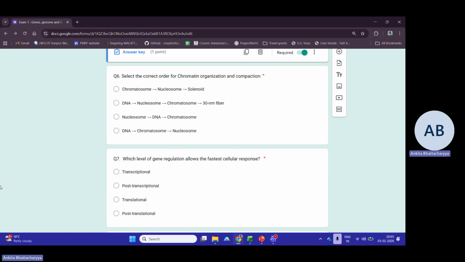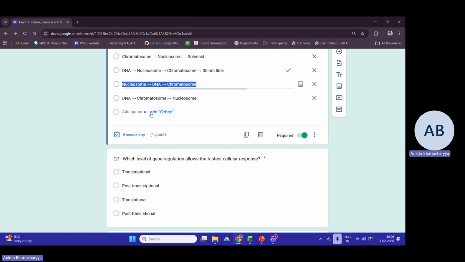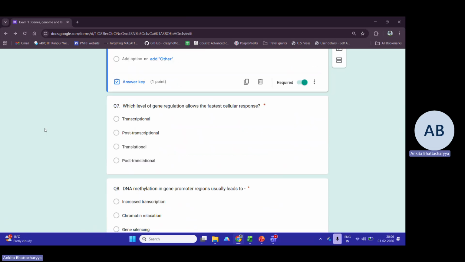The stopper entity is your histone H1, and that forms the chromatosome. And then the chromatosome also undergoes further coiling to sort of minimize entropy and maximize chromatin packaging efficiency, and that leads to the formation of the 30 nanometer fiber. So the correct option is: DNA, nucleosome, chromatosome, and finally the 30 nanometer fiber.